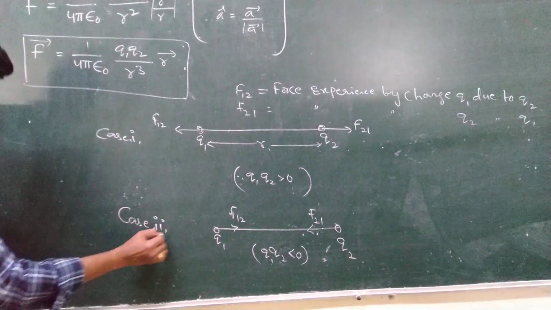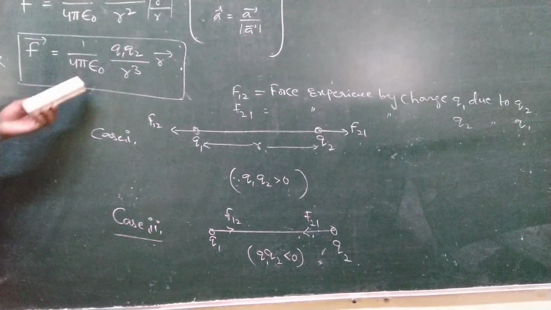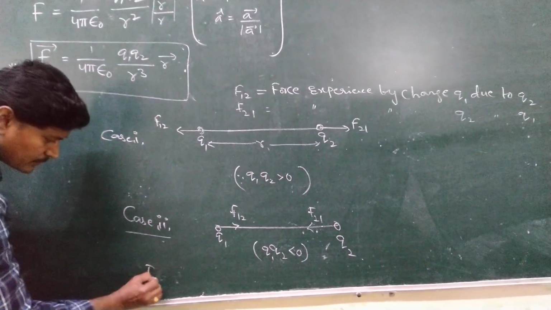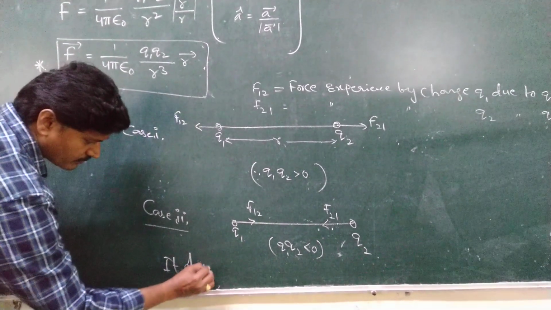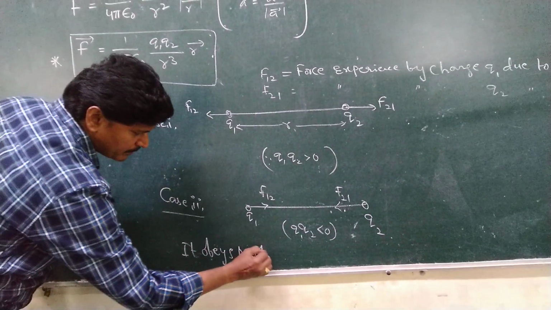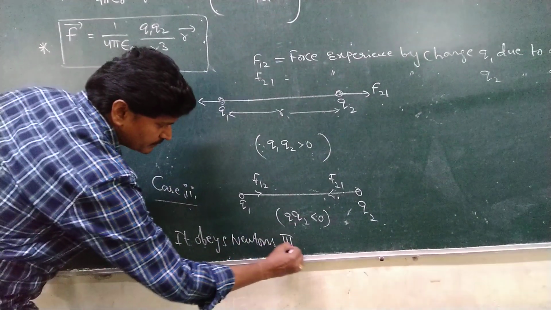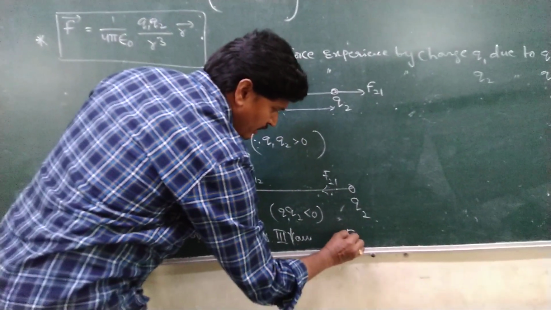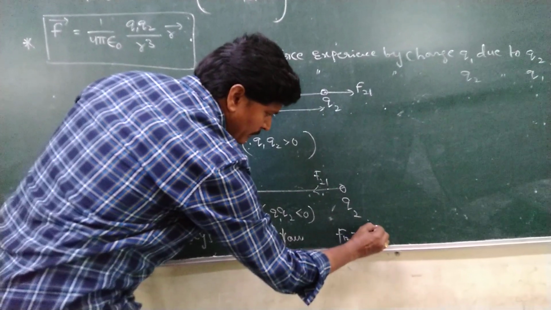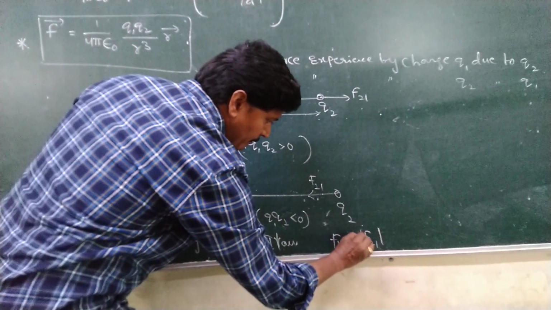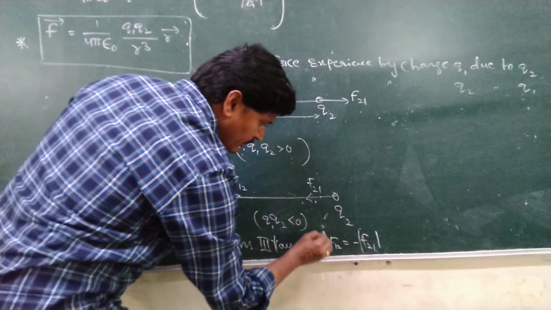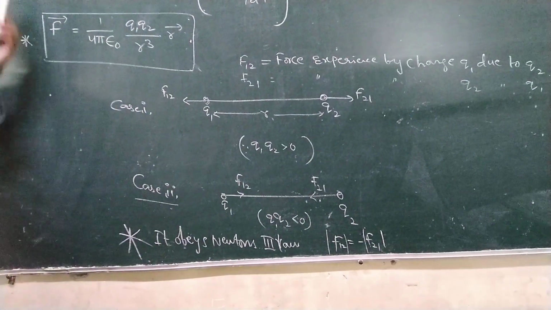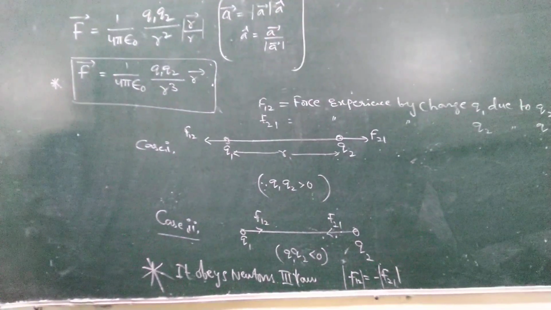Actually, Coulomb's law obeys Newton's third law. Why? Because F12 is equal to minus F21. The magnitude is the same but the direction is opposite. This is the vector form of Coulomb's law.